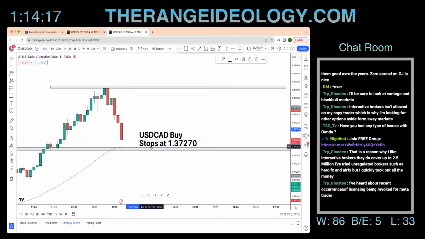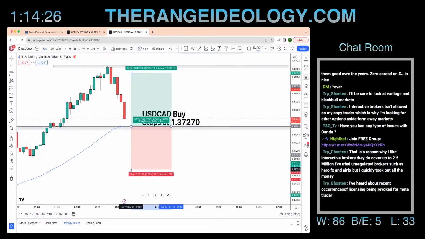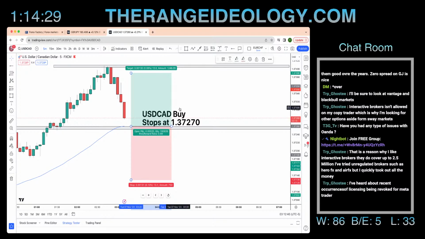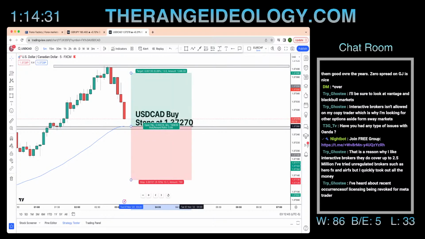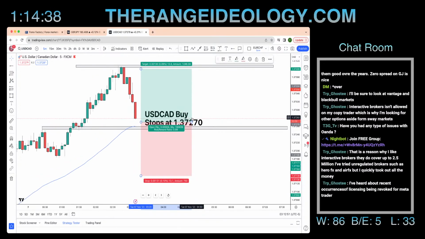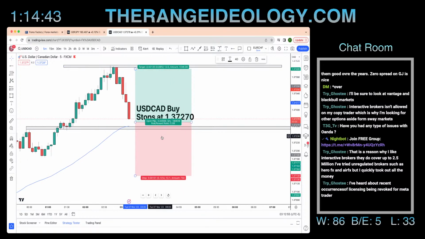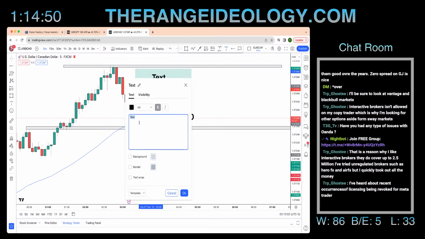GJ is pushing up as well. Let's see. And let's go for 13 pips. And 13 and 13. TP would be 137,400.